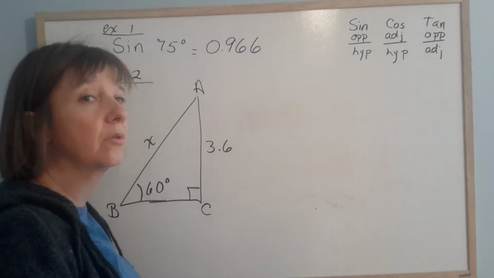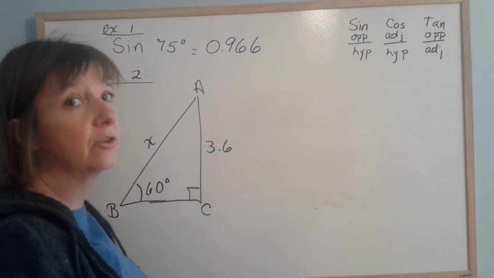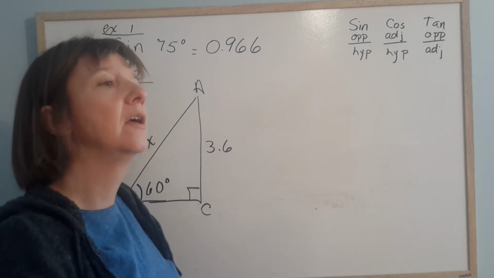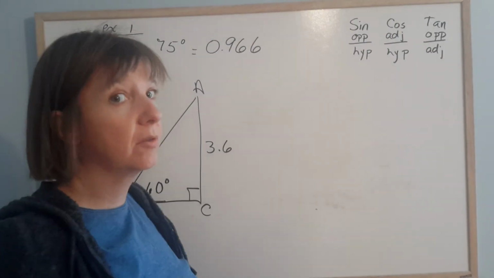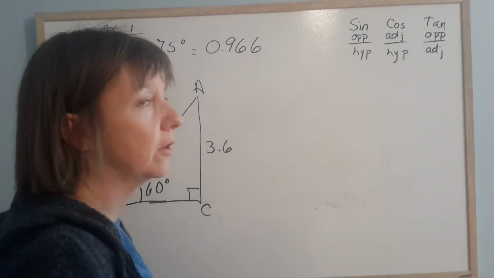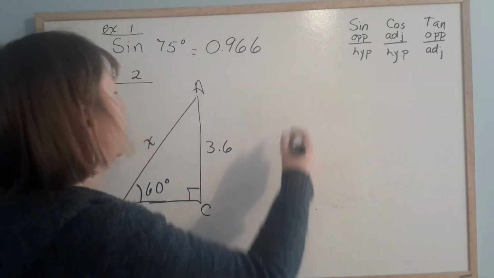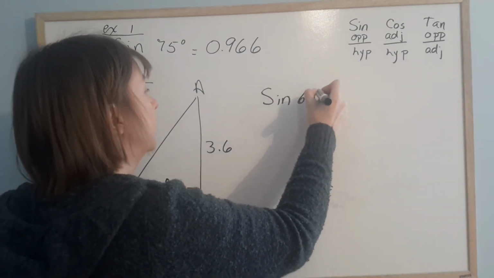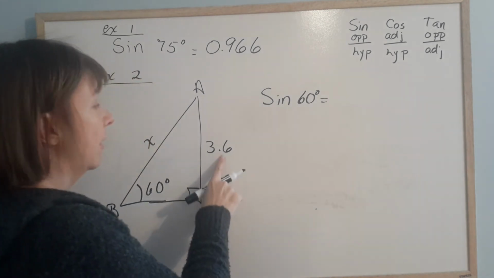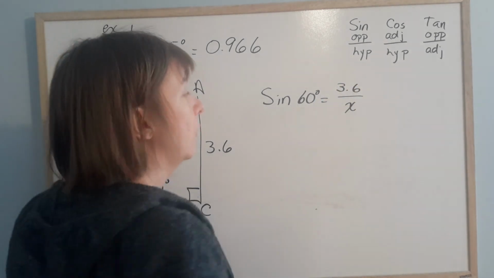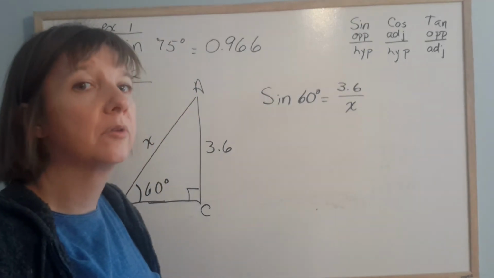You need to know those ratios because eventually it's just going to be solve the triangle and you have to decide which one you're using. That's why I keep pointing it out. So sine of angle 60 is the opposite side, which is 3.6, over the hypotenuse, which is x.